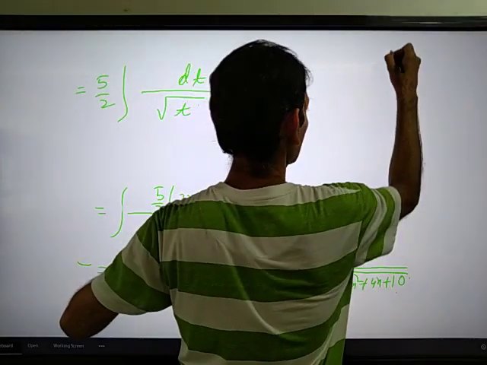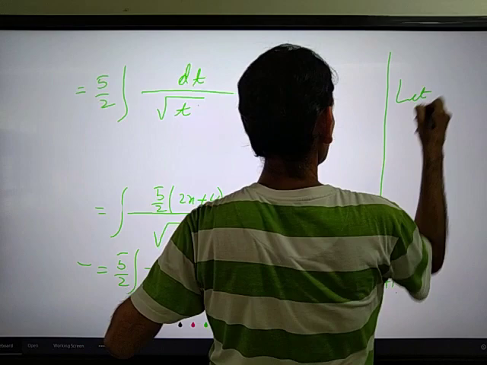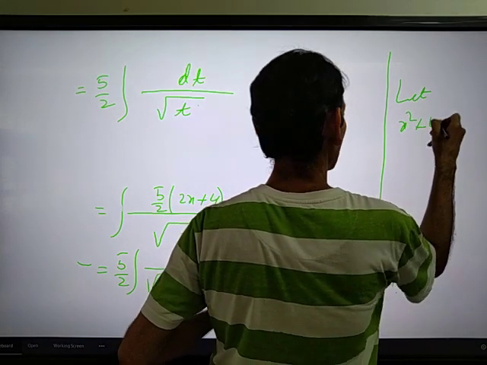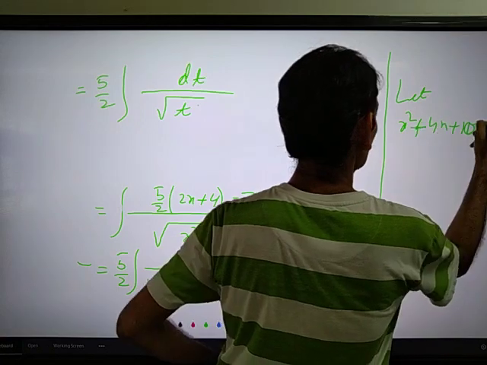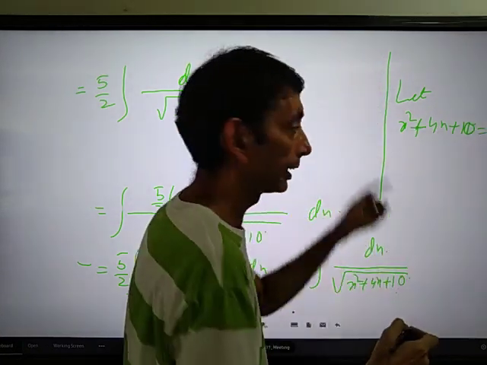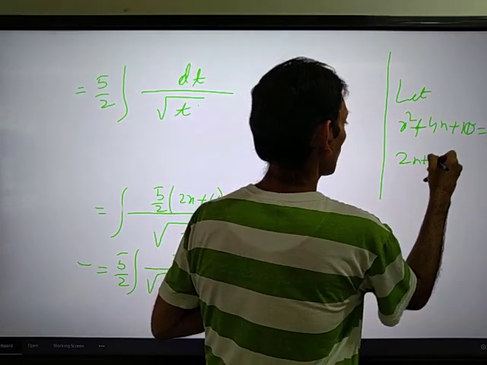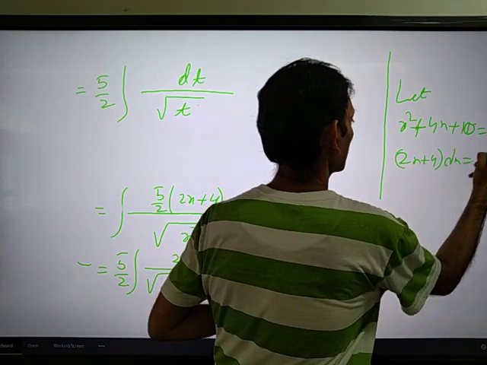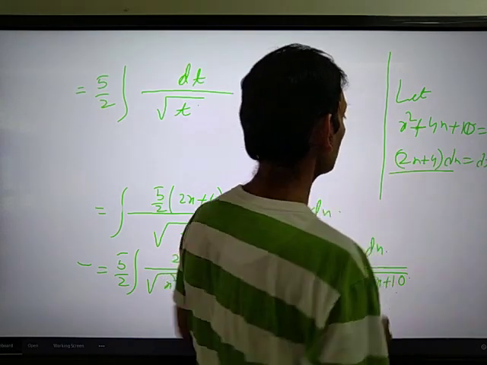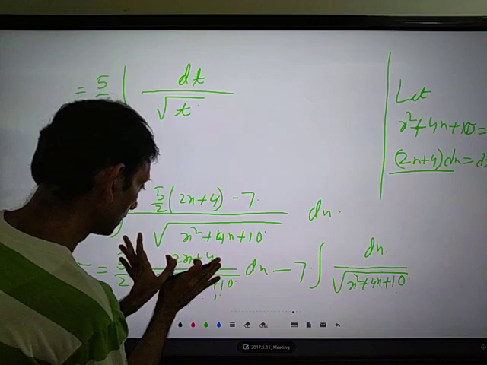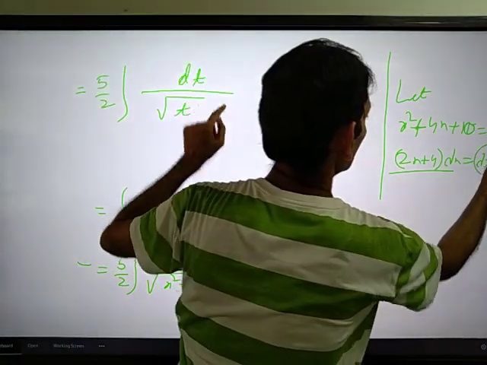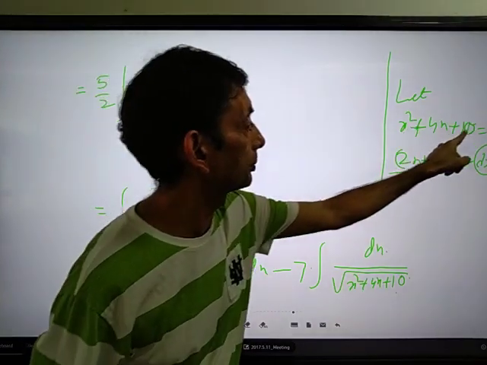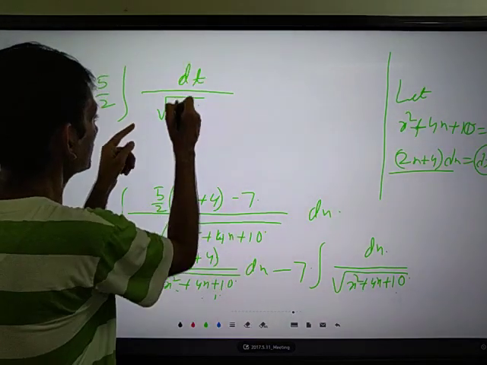We assume x squared plus 4x plus 10 equals t. Then twice x plus 4 dx equals dt. That means in place of twice x plus 4 dx, you can just replace it by dt, and x squared plus 4x plus 10 can be written as t. So it's dt by root t.